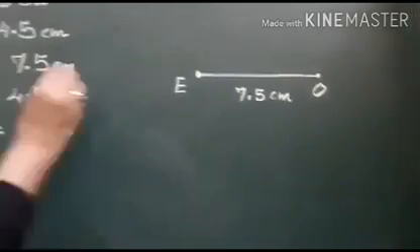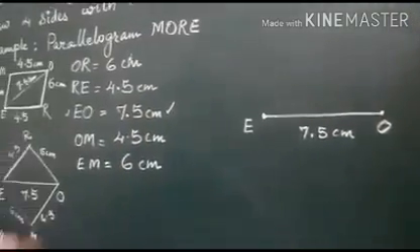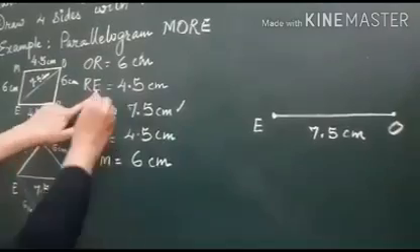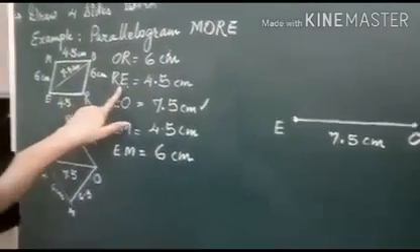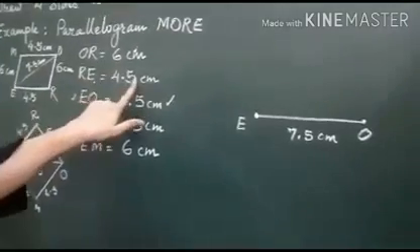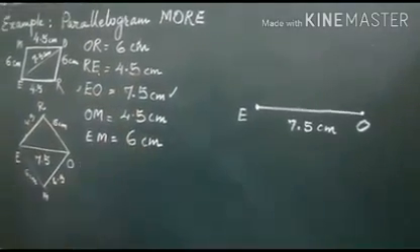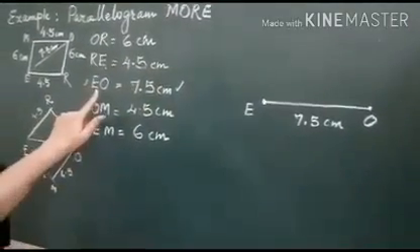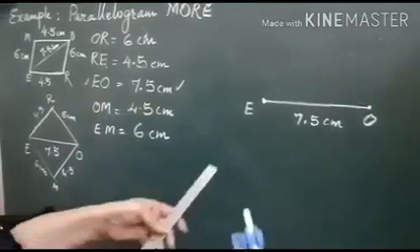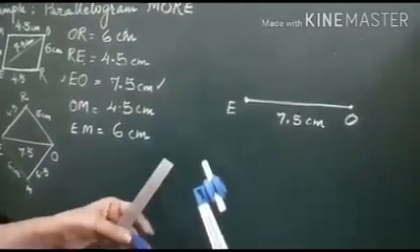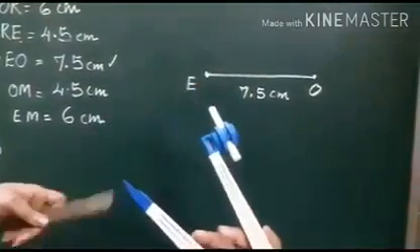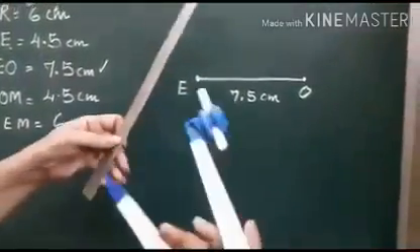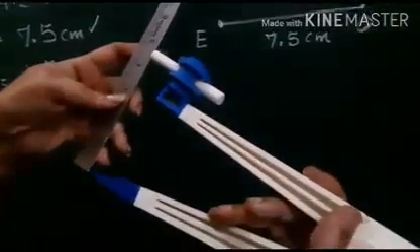So this is done. Now let's draw ER 4.5 centimeter. So from E, one line goes 4.5 and the other one goes 6 centimeter. Similarly from O we have, so let's measure here 4.5. Take your compass and measure on your scale 4.5 centimeter, keeping at 0 and 4.5.